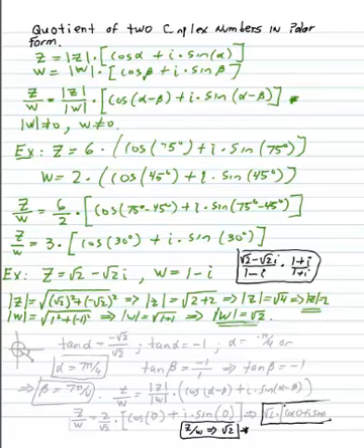Next, we want to find the arguments of each of those complex numbers. If we look at the first number z, here's the complex plane, and the square root of 2 comma negative square root of 2 would be down here in the fourth quadrant. So there's our angle. Tangent of alpha is equal to the imaginary part of z divided by the real part of z. Tangent of alpha is negative 1. That corresponds to alpha negative pi fourths, or alpha is 7 pi over 4.